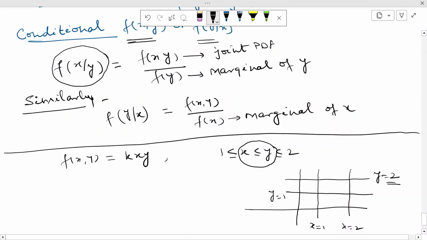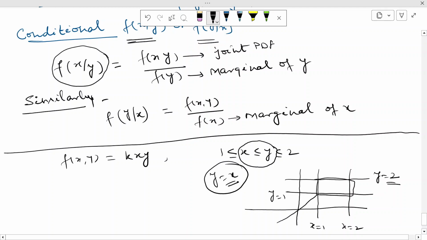So this triangular region is our domain. Now just like the previous problem, again we draw a line which is y equals x, because that will give us the exact domain.